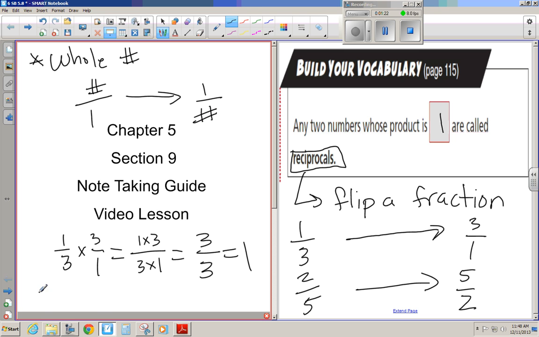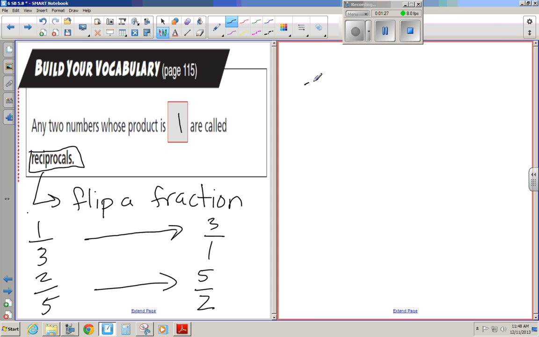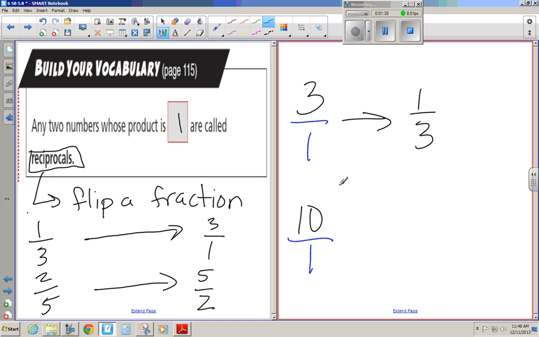So the number 3 is really 3/1, which means the reciprocal is 1/3. The number 10 is really 10/1, so the reciprocal is 1/10. That's what this is talking about.